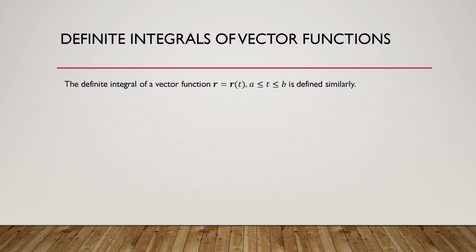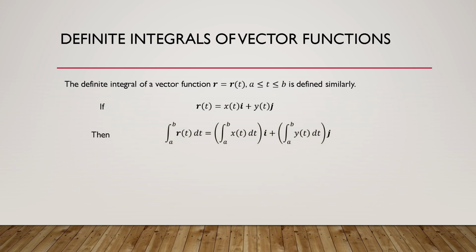The definite integral of a vector function r equals r of t for a less than or equal to t less than or equal to b is defined similarly. If r of t is a vector in a plane and r of t equals x of t i plus y of t j, then the integral from a to b of r of t dt equals the integral from a to b of x of t dt i plus the integral from a to b of y of t dt j.